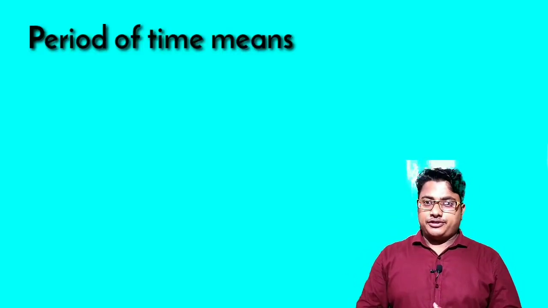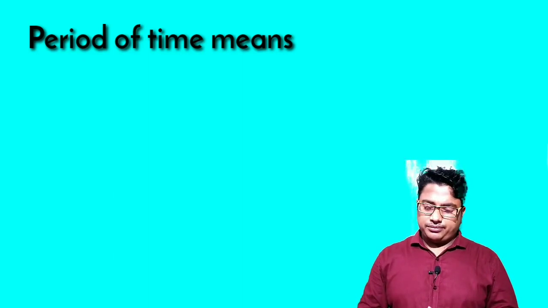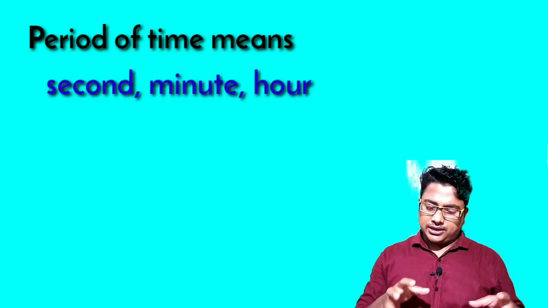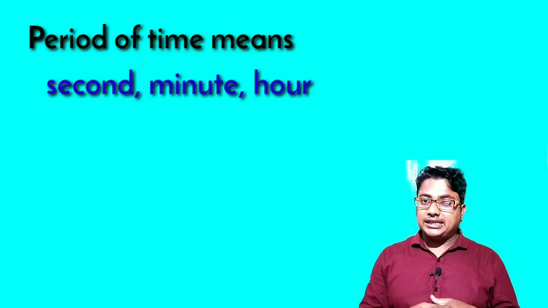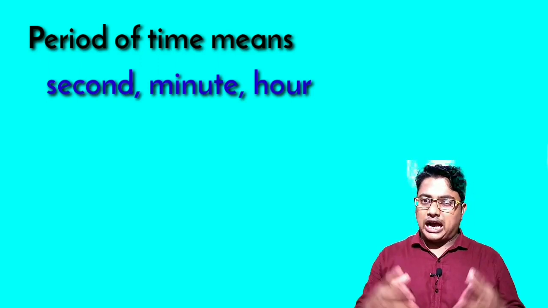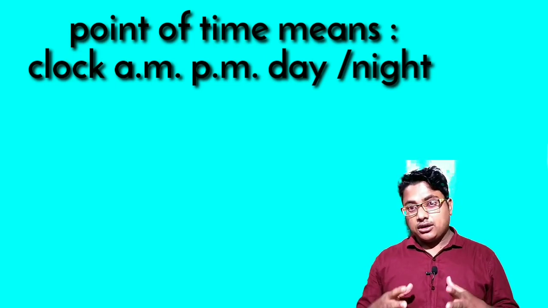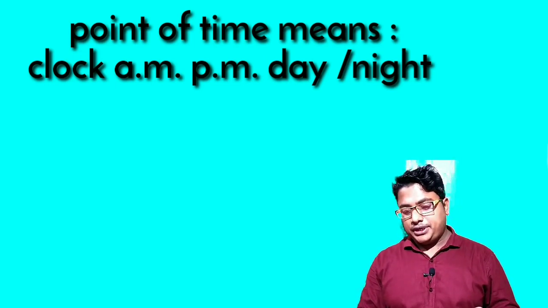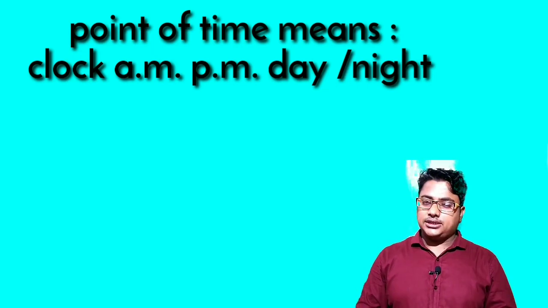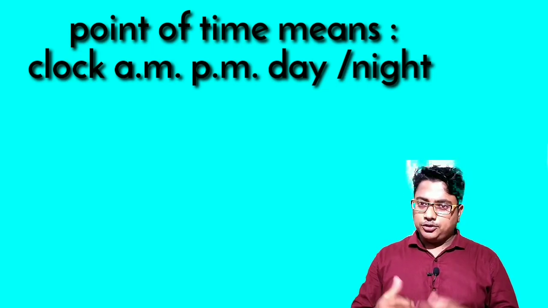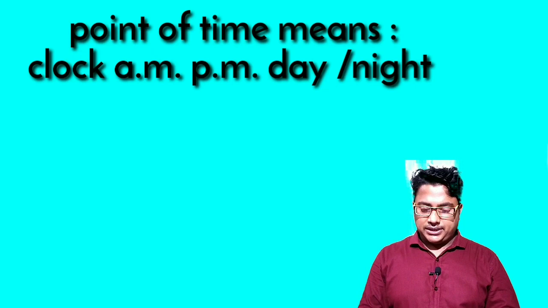We know period of time is the measurement of time. The period is expressed by seconds, minutes or hours. A point of time is expressed by clocks, AM, PM, day or night. I think you will be more clear by example.